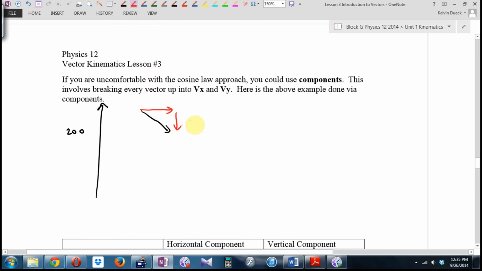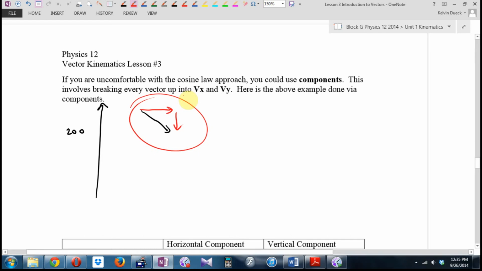Remember doing components? That is perfectly fine. You would do the trig to find those two values. Then you would go up plus down by subtracting, gives me my overall up. I have one to the side. You would then add those together tip to tail. Then you would do Pythagoras. Then you would find theta, probably by using tangent this time because it's a right angle. And then you would have the answer.